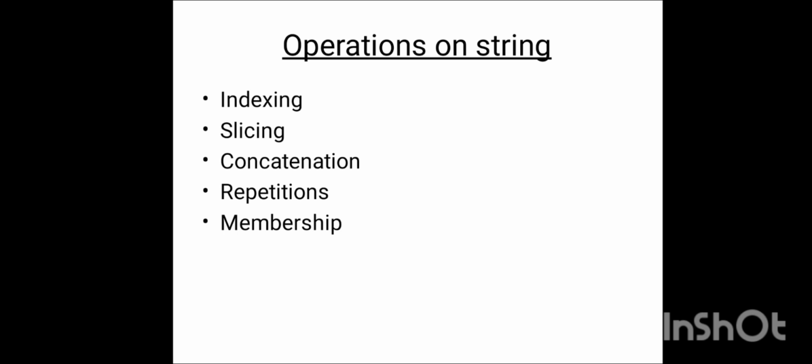Next, concatenation. It is used for adding the characters of two strings. Repetitions. It is used to display multiple copies of the same string. Membership. It tells whether the character is present in the string or not.